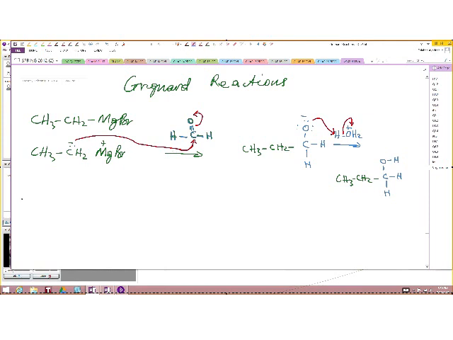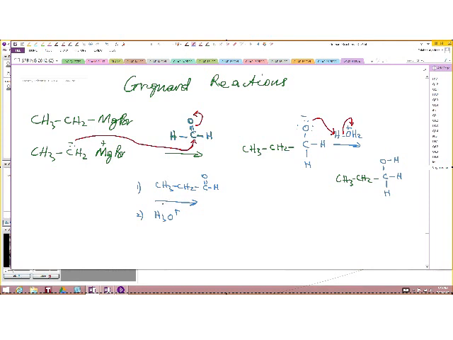Supposing you have an aldehyde, a more complex aldehyde, not formaldehyde. Supposing you have this. Okay, supposing you have that aldehyde. Step 1, and then step 2, hydronium ion.